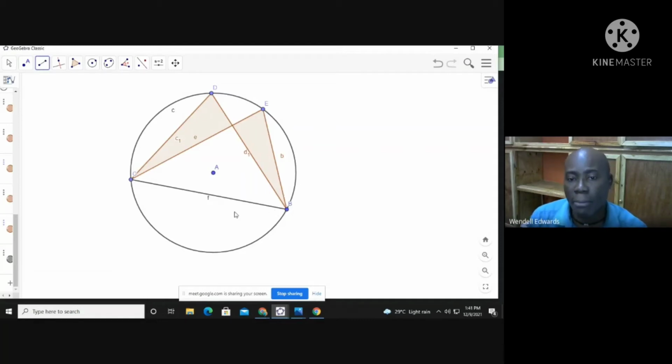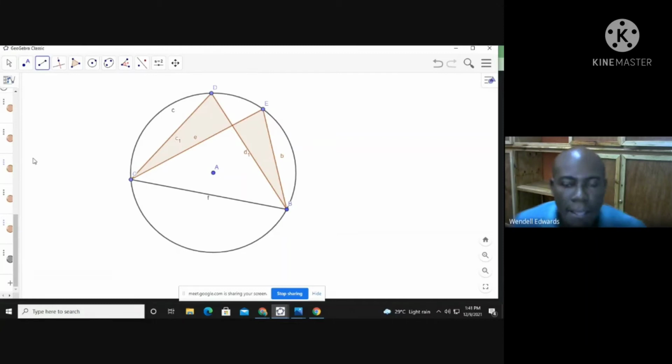For example, they are standing on BC. So the angle at E, BEC, is going to equal the angle BDC because both angles were developed from the endpoints B here and C here.